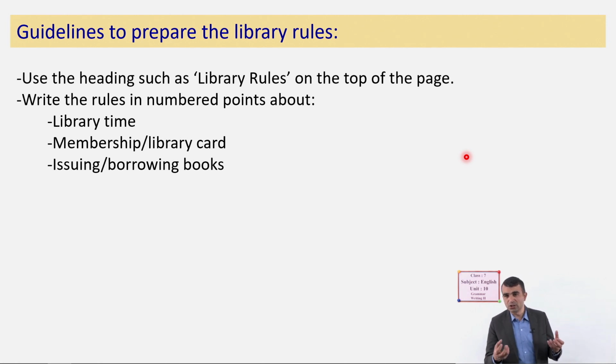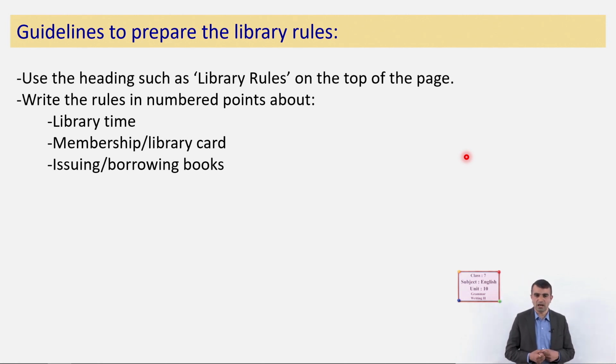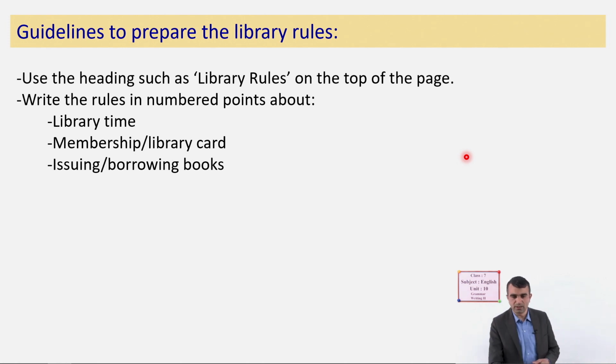So write a rule about it. How many books you can borrow, or you are not allowed to take books to your home. Some libraries may not allow you to take books home. You can just read there. What is it? So write another rule.